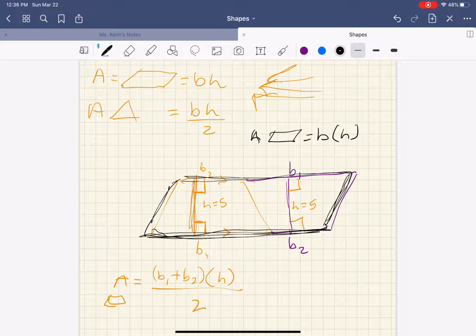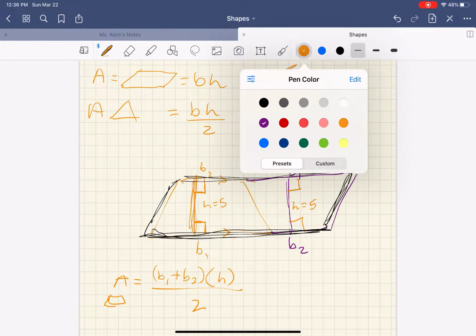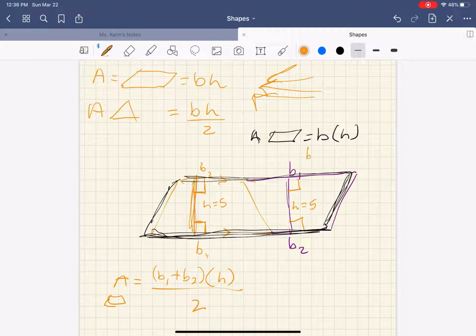The way we describe our base of this giant parallelogram would be base 1 plus base 2. And the way we would describe the height is just the same as our original height, so h.